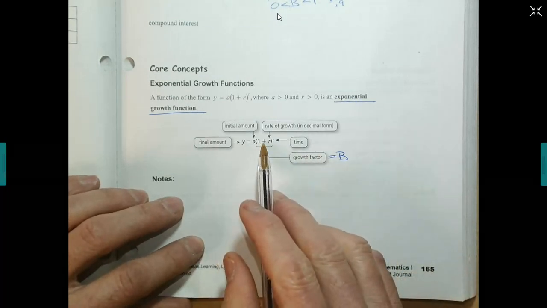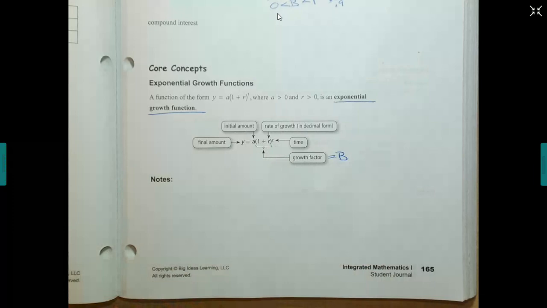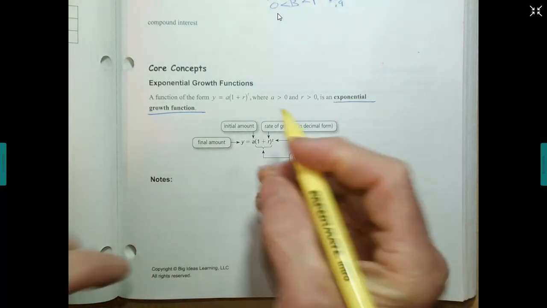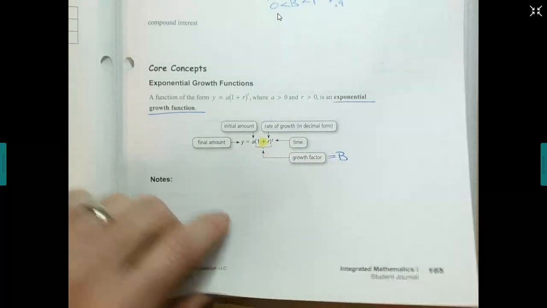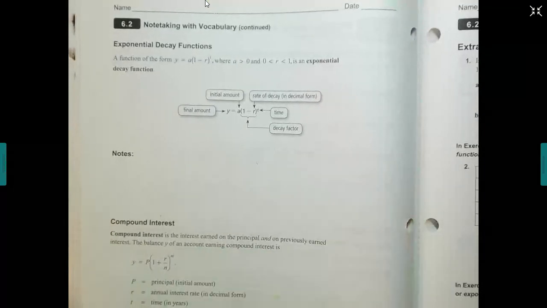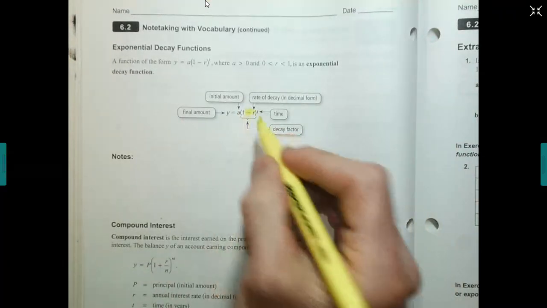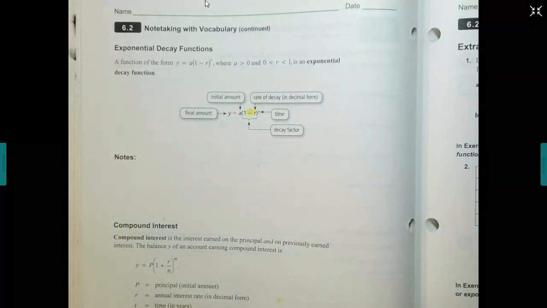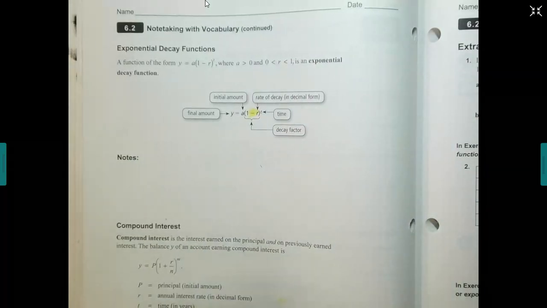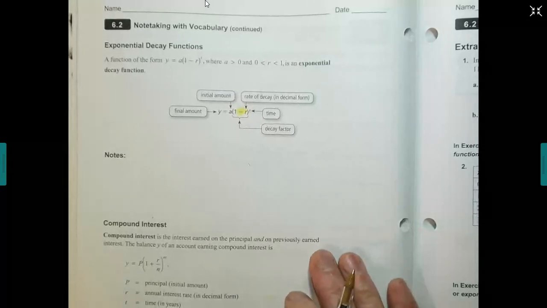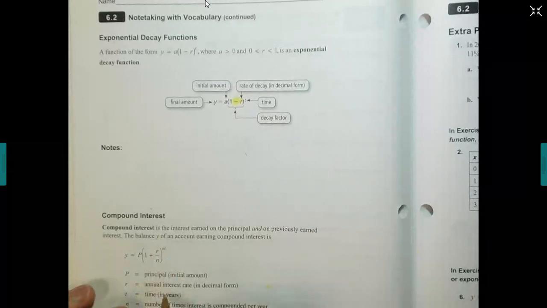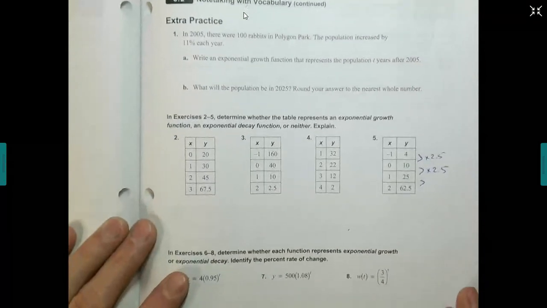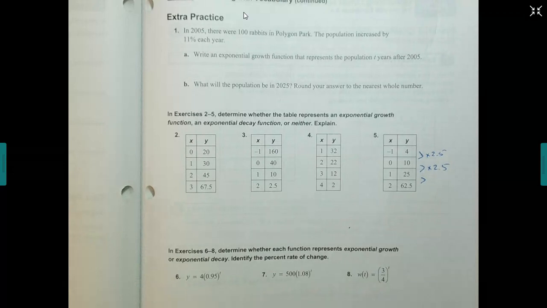So growth is 1 plus our rate of change, whereas decay is 1 minus the rate of change. So the nice thing is you can flip back and forth and you can see the two formulas for growth and decay. Again, compound interest we're not going to work with today. We're going to leave that until we get an understanding of exponential growth and exponential decay.